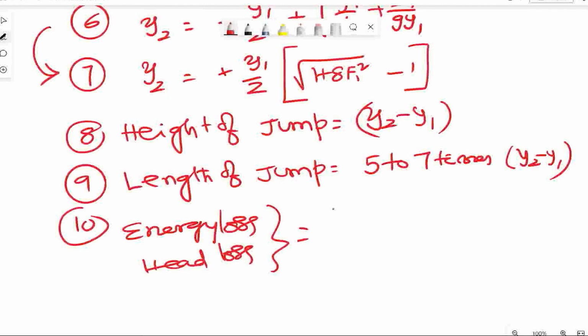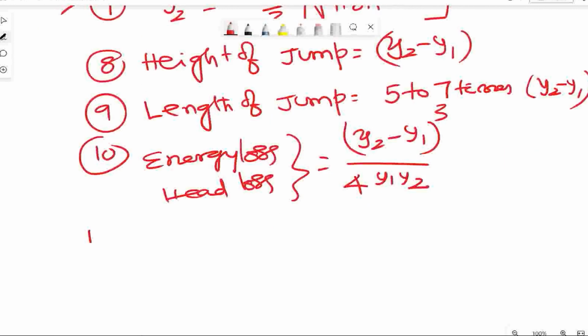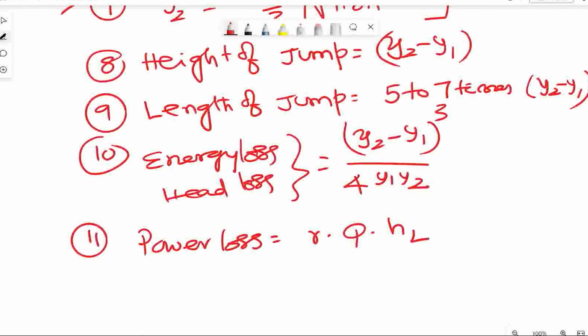It is equal to (y2 minus y1) whole cube by 4 y1 y2. Then in the problems people will ask what is the power loss. Power loss is equal to gamma into q into this head loss. So these are the equations.